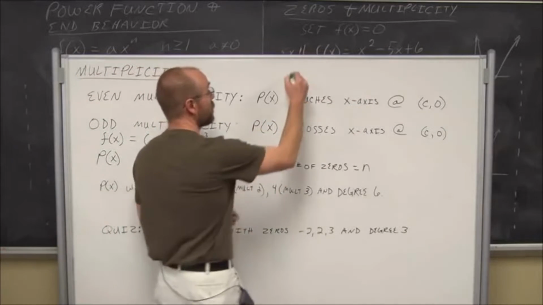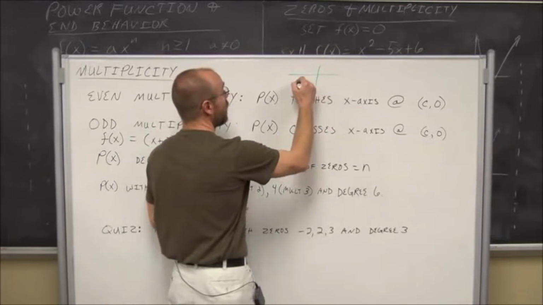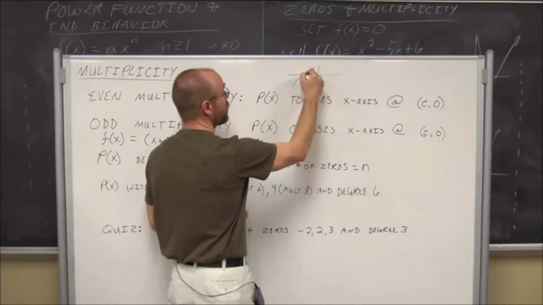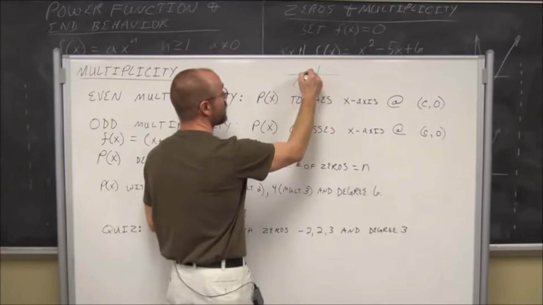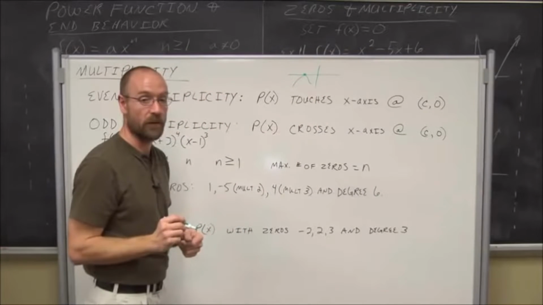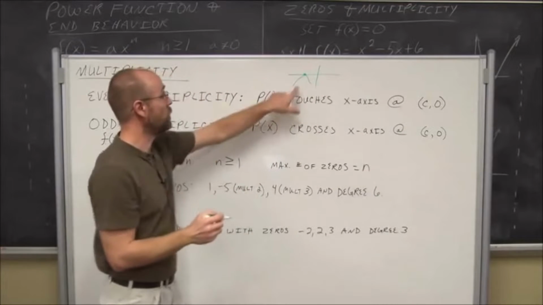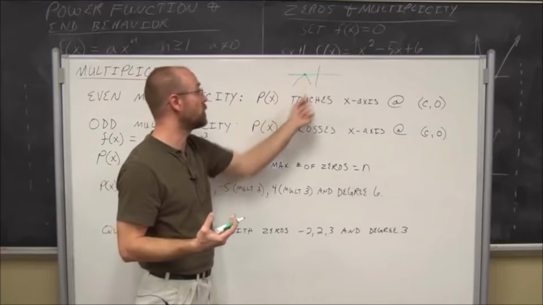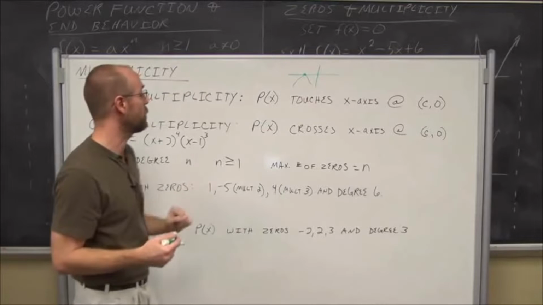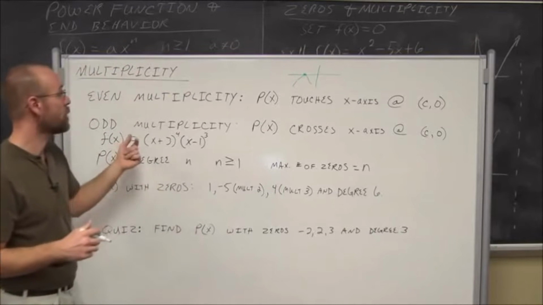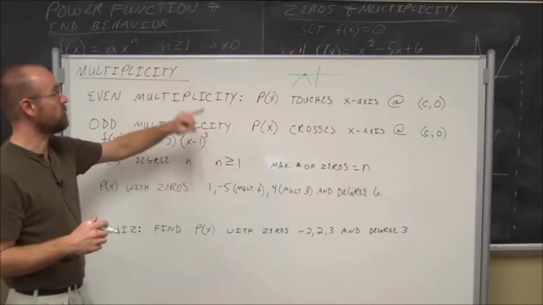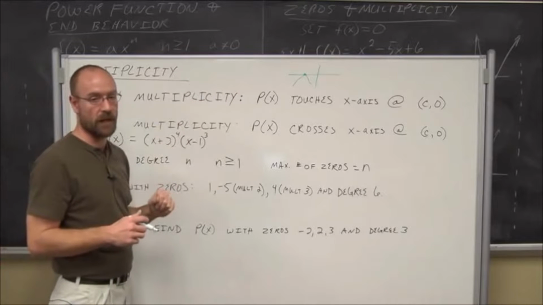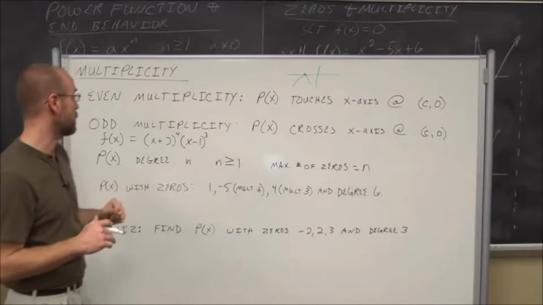So as an example, as we just saw, when it hit that negative 2, it only touched and then returned down from that value. All right, so at this value, in this case, we're calling it negative 2, 0, right? That was our intercept that we found, our x-intercept. Even multiplicity means it just touches the x-axis. It doesn't cross the axis.